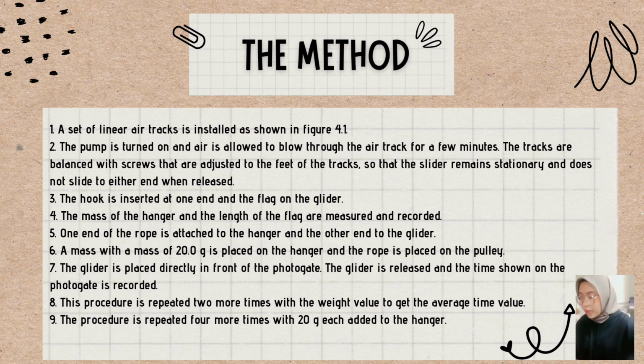The mass of the hanger and the length of the flag are measured and recorded. One end of the rope is attached to the hanger and the other to the glider. A mass of 20 grams is placed on the hanger and the rope is placed on the pulley. The glider is placed directly in front of the photo gate. The glider is released and the time shown on the photo gate is recorded.